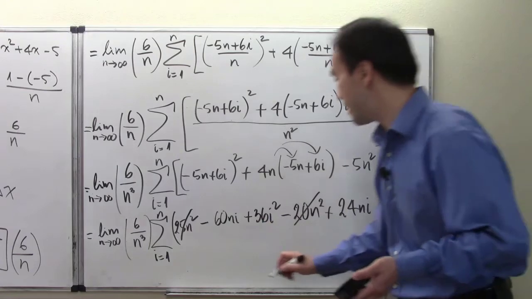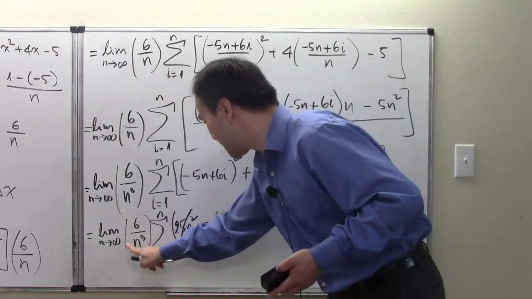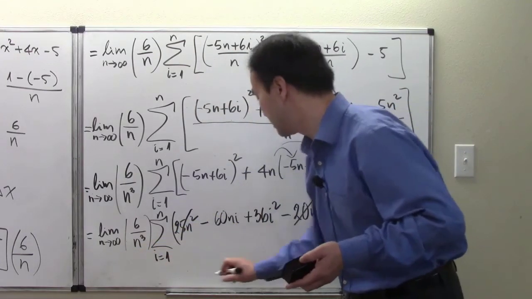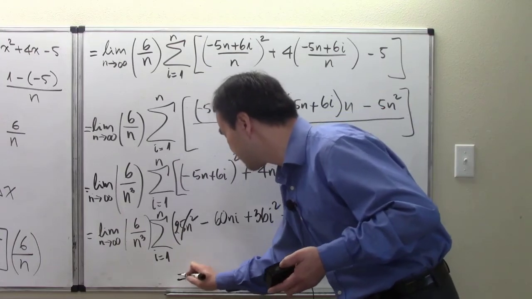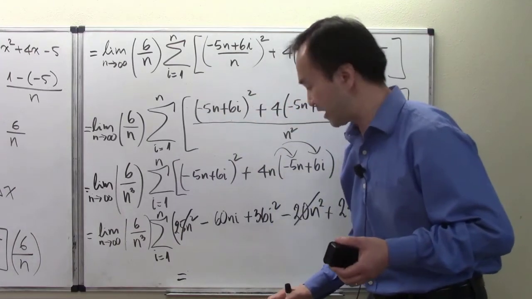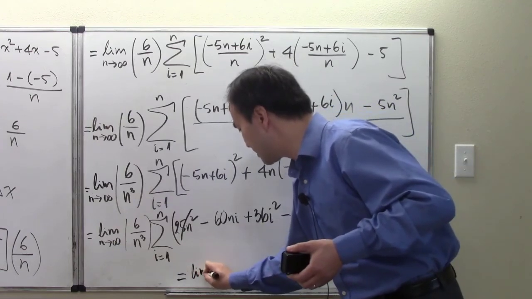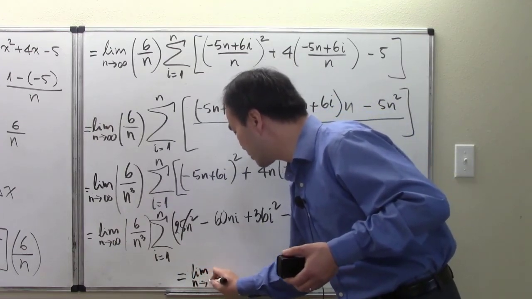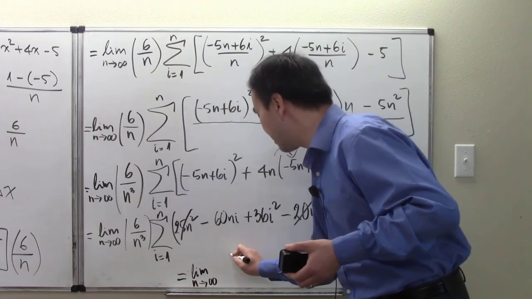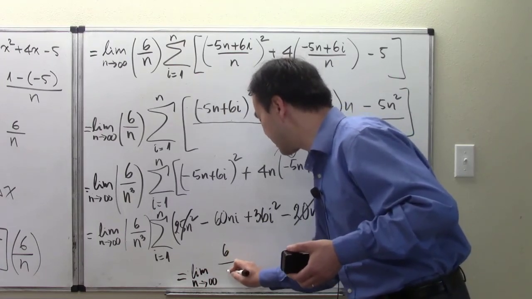So in my next step, I'm running a little narrow on space here, so forgive me if it's a little hard to see. It's supposed to equal, and I don't have to start all the way from the left side of my board, the limit as n grows to positive infinity. And now let's look at how short our sum becomes.